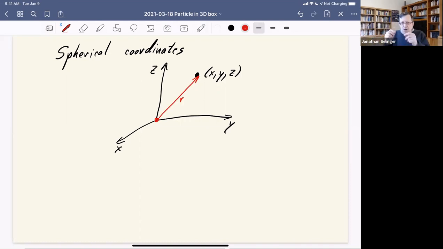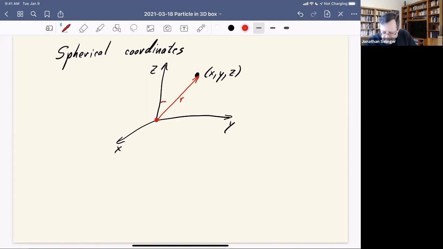But then, that's not enough to describe a point, right? Because there's a whole sphere of points that are the same distance out from the origin. So we need to say, where on the sphere are you located? The standard way to do that is with two angles. So one angle is, what's the angle going down from the z-axis?